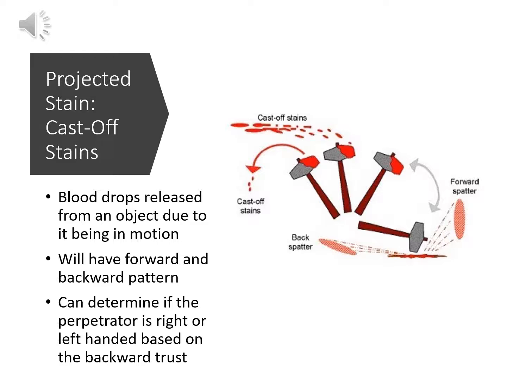The particular use of cast-off stains is you'll be able to determine if the perpetrator is right or left-handed based on that backward thrust. So depending on the direction the backward thrust comes from, that will give you an indication whether this particular suspect was using his or her right or left hand based on the cast-off stain pattern.